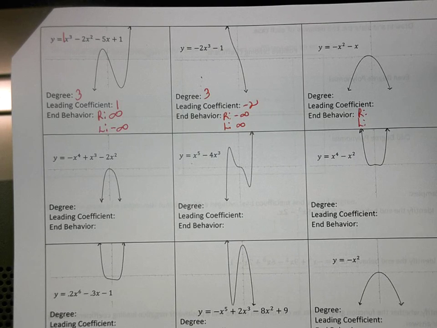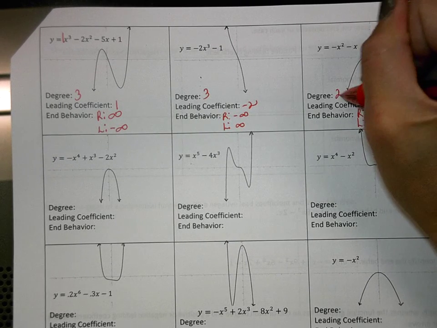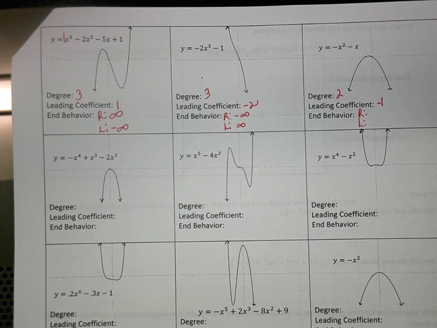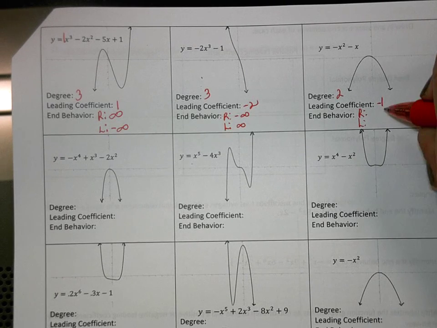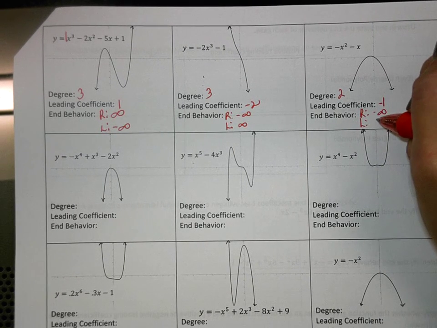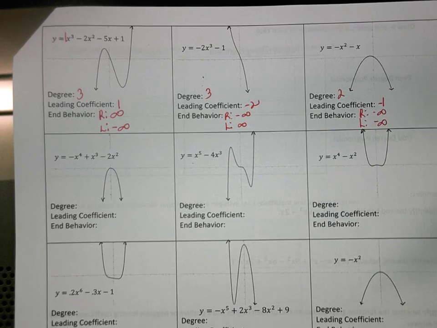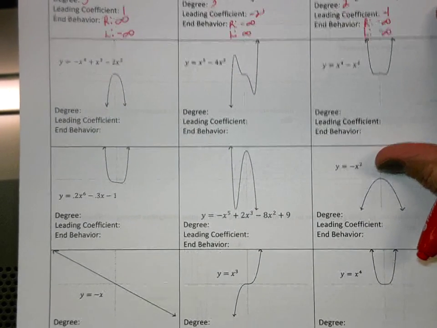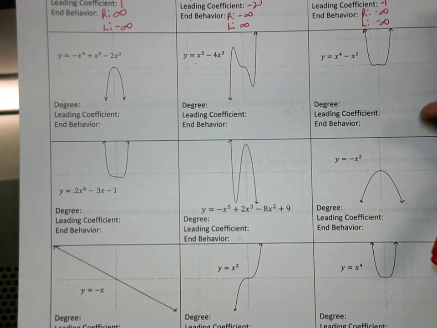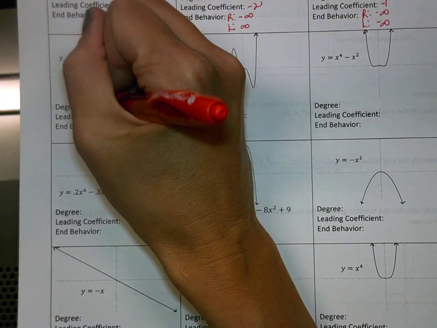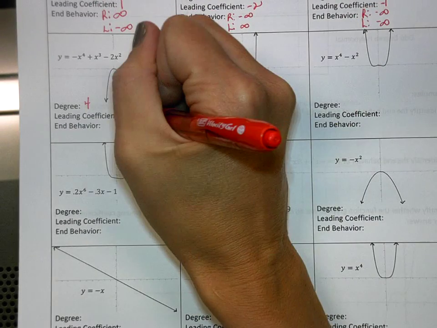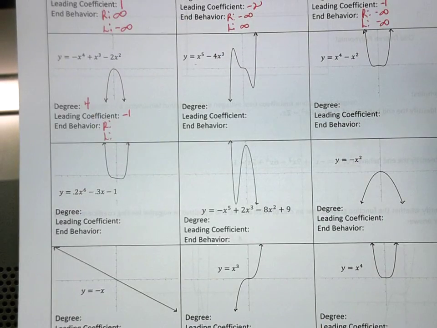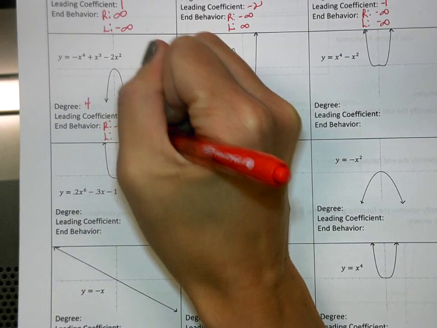The next degree is 2, leading coefficient negative 1, and my right and left both go to negative infinity. Next row. What is my degree? Leading coefficient? Negative 1. And then my right and left both go to negative infinity.